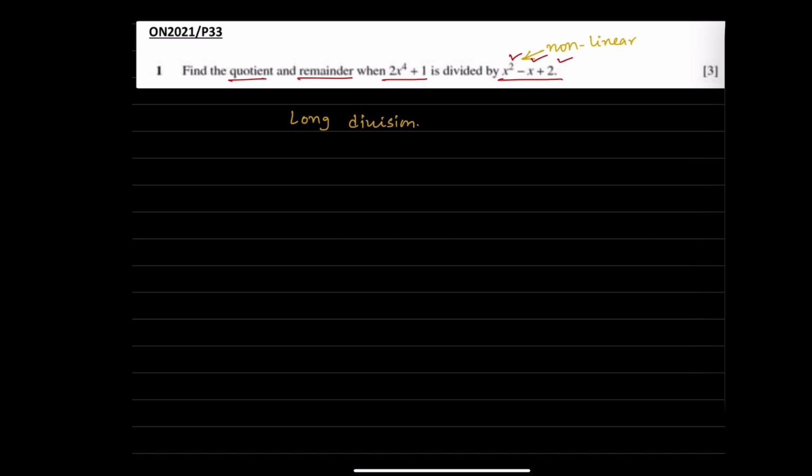But for your polynomial, the dividend, it is x to the power 4, and then straightaway a constant value. There is no x cube, x square, or x, none is there. So we have to write it in correct order. First we write the divisor. Our divisor is x square minus x plus 2.